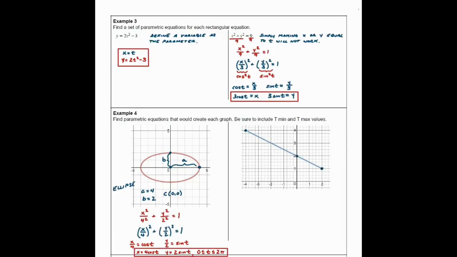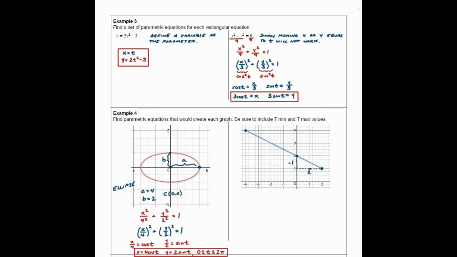And then thinking about the interval, the t min and t max, all that's saying is the interval for my parameter. Thinking about this graph in rectangular form, it's an ellipse, but if I look at my parametric equations, the values that make the most sense for t are 0 to 2 pi, because I want a complete revolution around this figure, which means I would want cosine and sine to pass through a full period to create this graph.